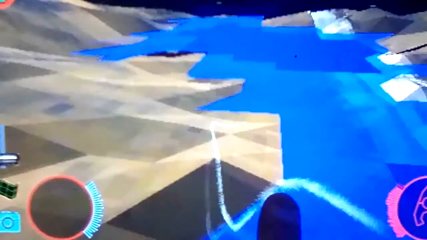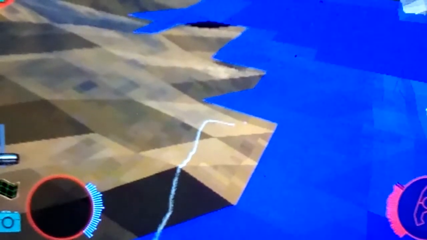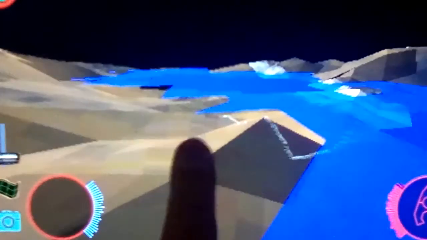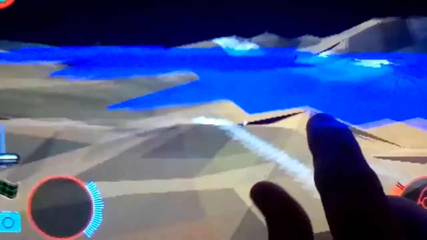So I guess that's my instant replay. Instant replay? Well, the smoke trail allows me to see what I recently did. So it's not actual instant replay, but I can see I came down and then I started bouncing along this mountain. Bounce, bounce, bounce, bounce, bounce.